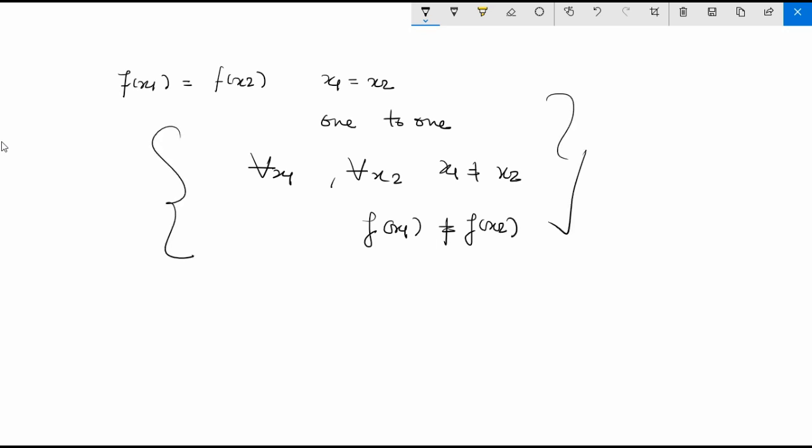So this is what is known as my one-to-one function, which can be defined mathematically.